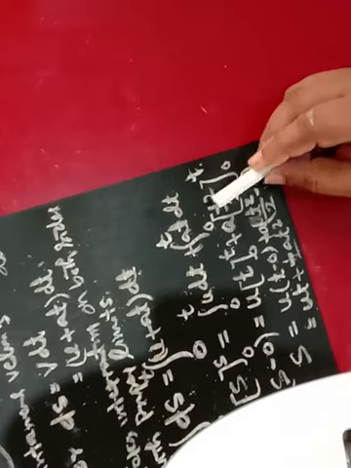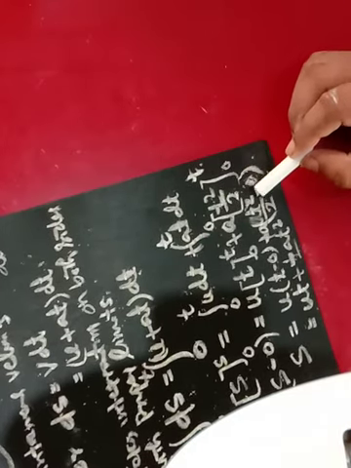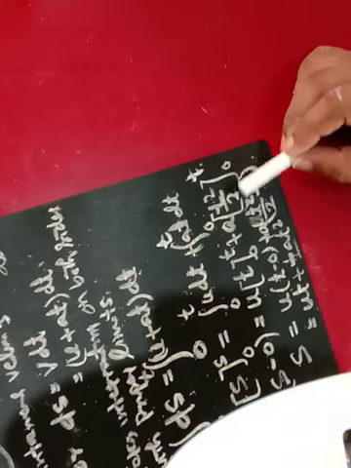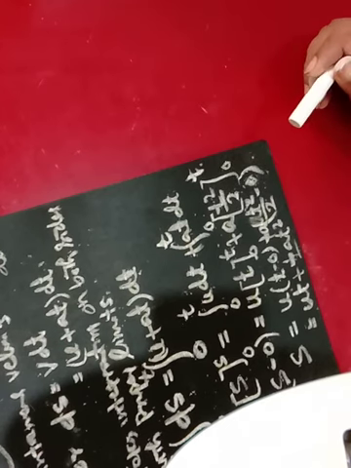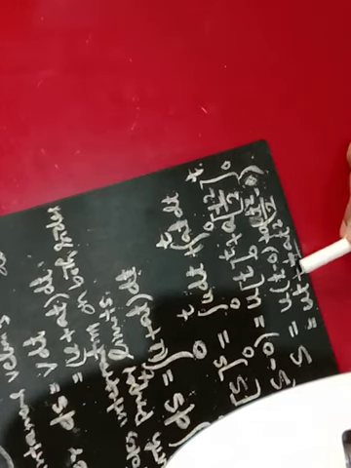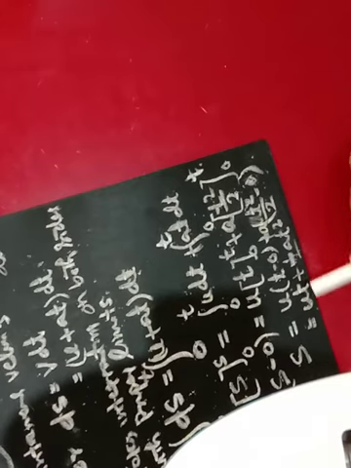In place of t you are putting t square by 2, and minus, in place of t you are putting 0, that is 0. Okay, so that is equal to ut plus half at square. Ut plus half at square is the required expression for s equal to ut plus half at square.